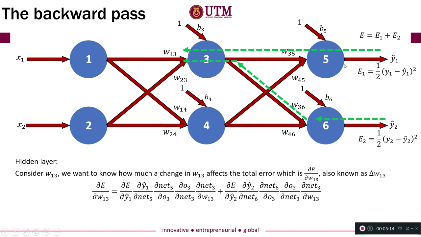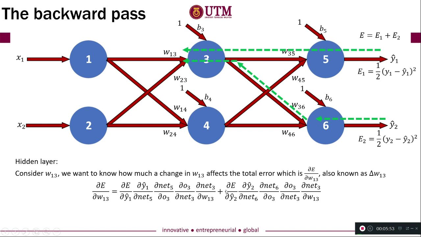Because this one contributes in both directions, you cannot cancel the Y2 hat like we did in the previous one when we found the gradient of W35, because that one only contributes towards Y1 hat, but this one contributes to both Y1 and Y2. This is why this expression represents the green line at the upper part, and this expression comes from this direction.